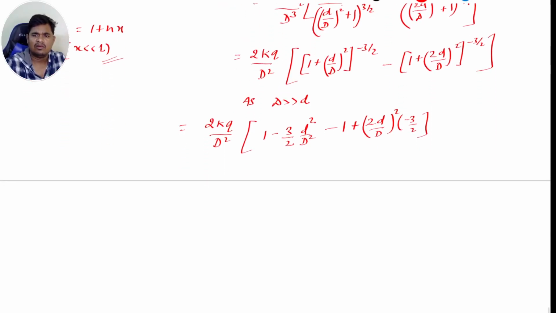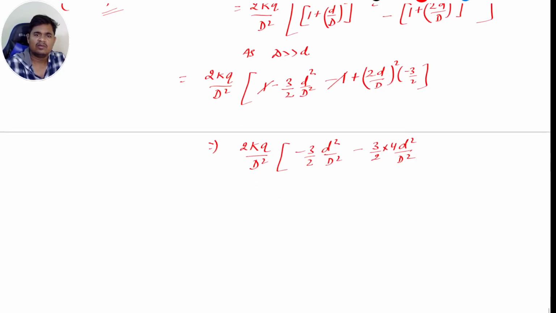If you simplify it, the ones will cancel, and then we will have the expression 2kqd by D cube times minus 3 by 2 d square by D square, and here minus 3 by 2 times 4d square by D square.